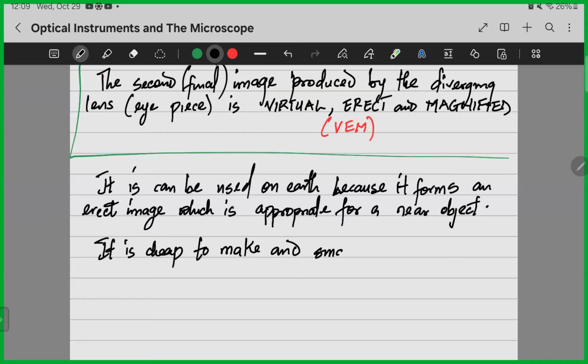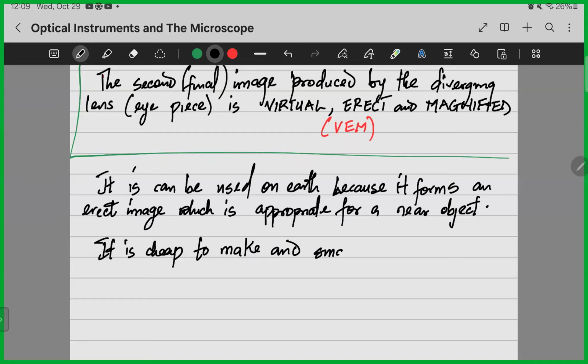So I can call these two points that I just made, which is actually three, because I can call small in size the third one, the advantages of this Galilean telescope.